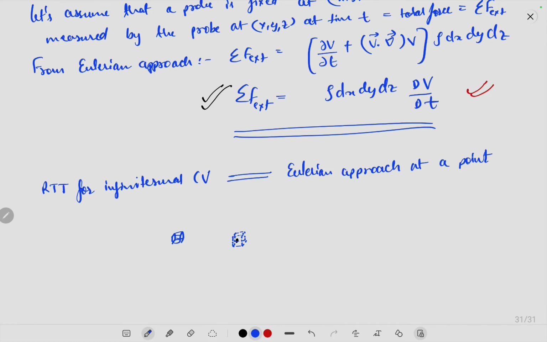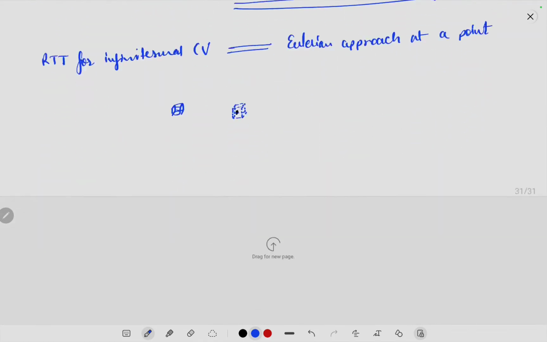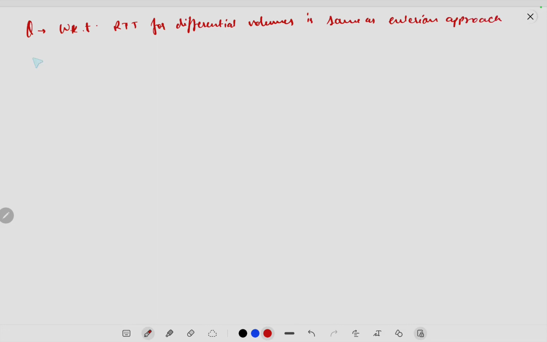alright, so if this is clear to you, let me put a question. So the question is as follows. So we know that RTT for differential or infinitesimal volumes is the same as Eulerian approach at xyz.